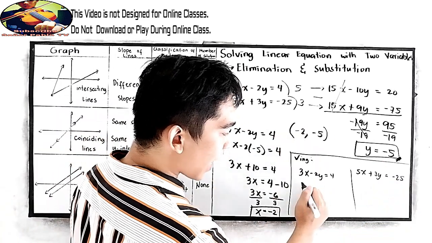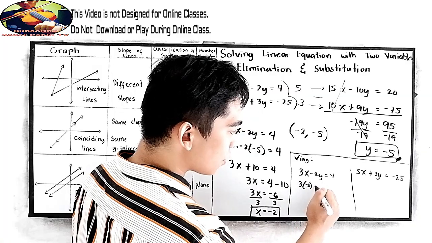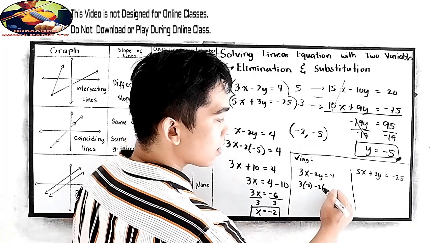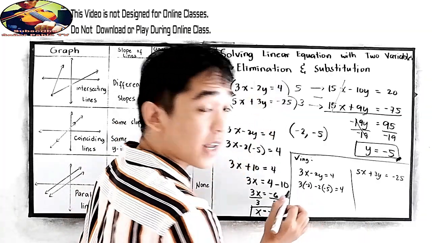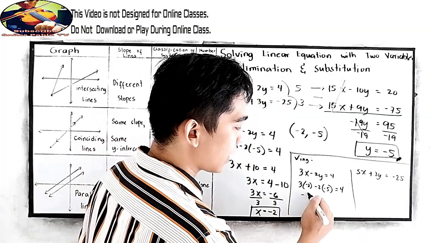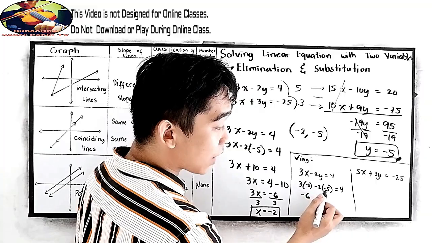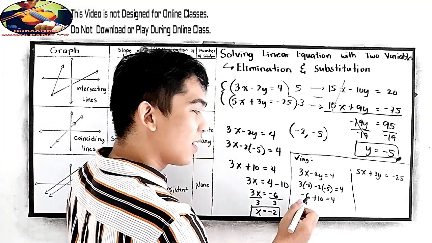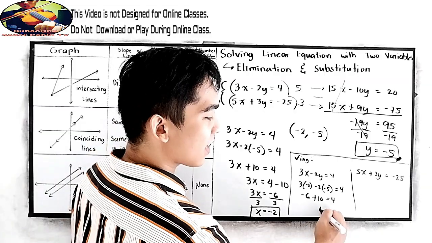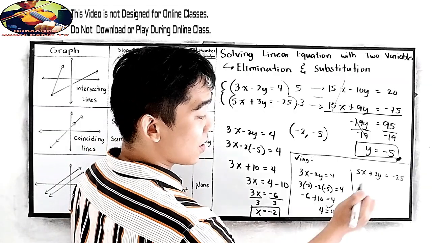So negative 2 for x. So 3 times negative 2 minus 2 times negative 5 is equal to 4. 3 times negative 2, negative 6. Negative 2 times negative 5, positive 10, is equal to 4. Negative 6 plus 10, that is 4, is equal to 4.